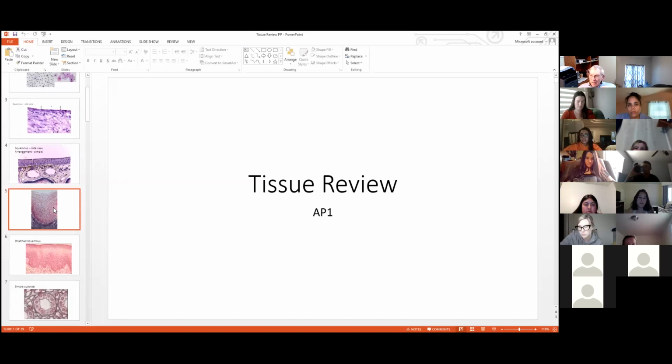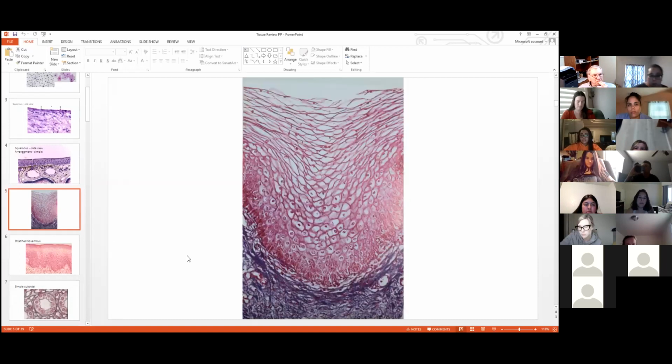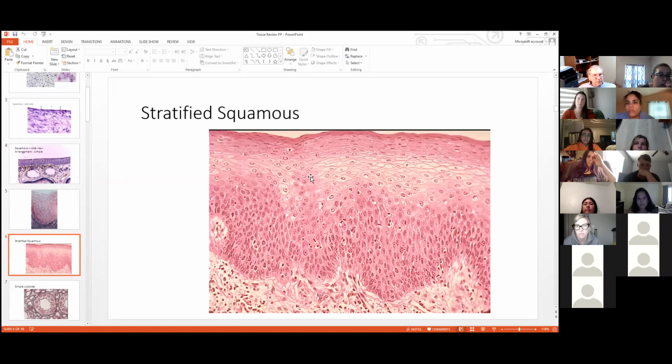Remember this? Looks more like this right here, what we're seeing. That's stratified squamous tissue. That's what's in the esophagus.